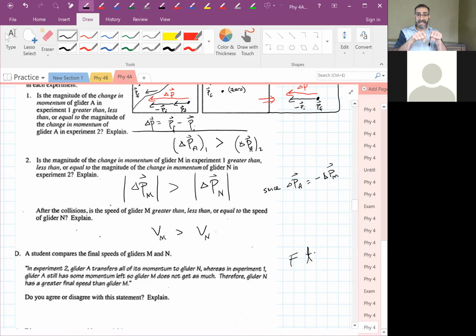The time has to be the same. So the impulse, the change in momentum of cart A, has to be equal and opposite to the change in momentum of cart M. It doesn't matter which one's bigger, which one's going faster, none of that matters. Because they interact for the same amount of time and the force is equal and opposite, the impulse has to be equal and opposite. The change in momentum has to be equal and opposite.